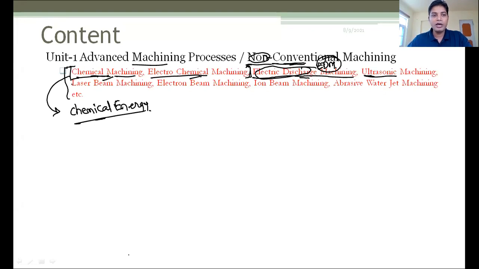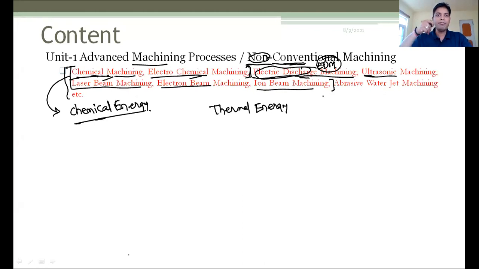Next we will discuss the concept of thermal energy. If we talk about laser beam machining, electron beam machining, and ion beam machining, we are using a beam of concentrated photons or electrons. These electrons and photons move at very high velocity, so they have very high kinetic energy, because kinetic energy is half mv squared.